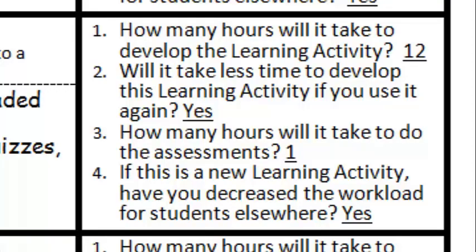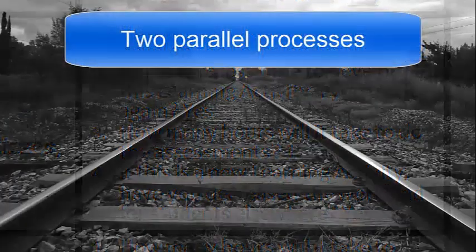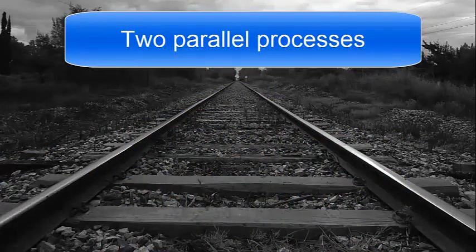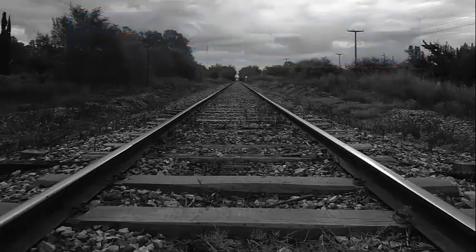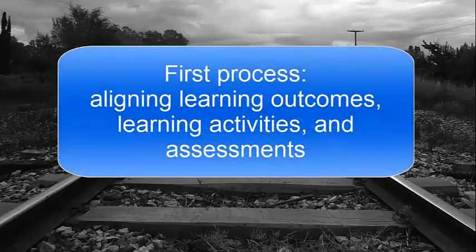In short, we've looked at two parallel processes. The first process, which was probably familiar to you already, focused on ensuring that learning outcomes, learning activities, and assessments were all aligned with one another.